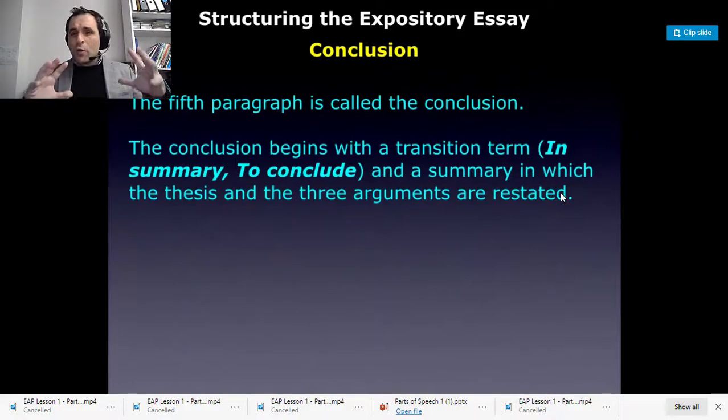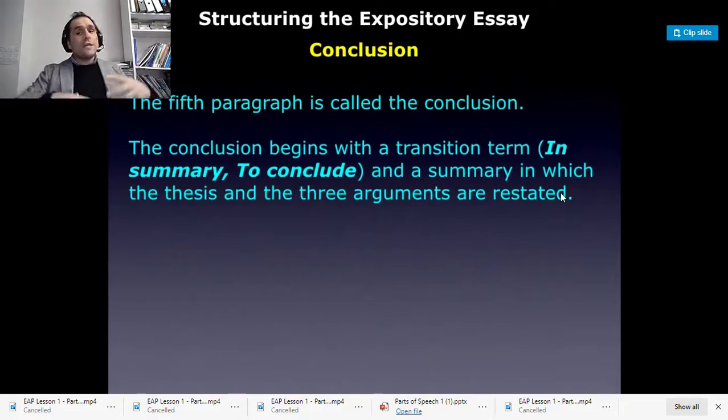Of course, you don't want to repeat the same words that you had in your body of the essay. No, you need to find a way to summarize or paraphrase or reword it. Choose different words to summarize the 3 paragraphs. So that's a very important thing when it comes to academic writing. Okay, your ability to rephrase, not use the same words.